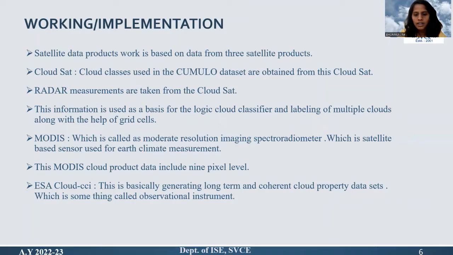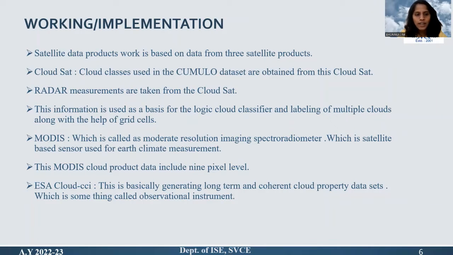Data are collected from aircraft using sensors that detect the reflection of a pulsed laser beam. This LiDAR data is obtained from the Cloud-Aerosol LiDAR with Orthogonal Polarization. This information is used as a basis for the cloud classifiers and labeling of multiple clouds with the help of grid cells.